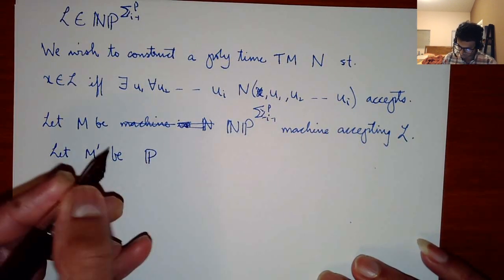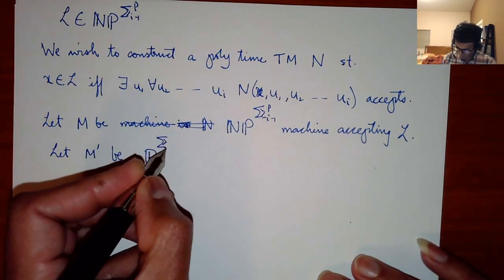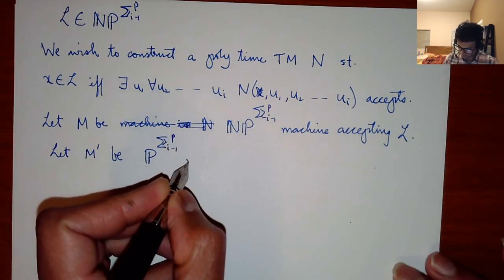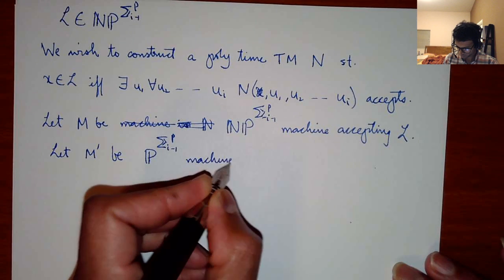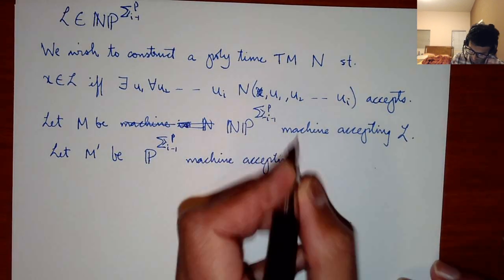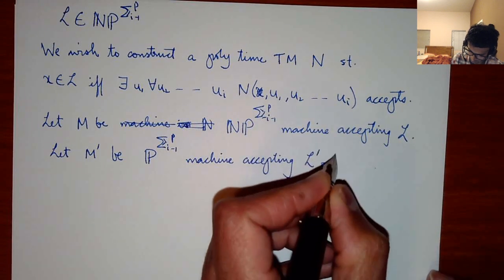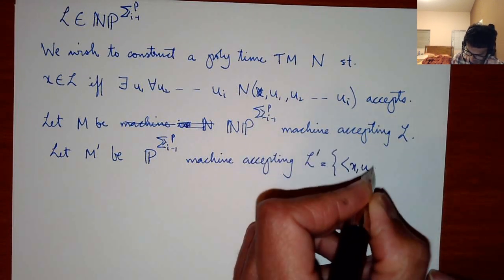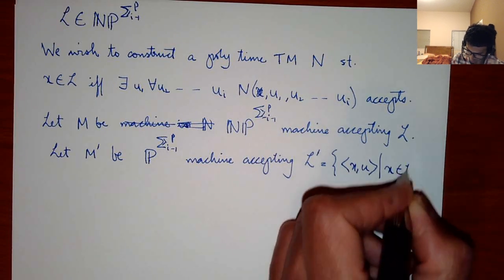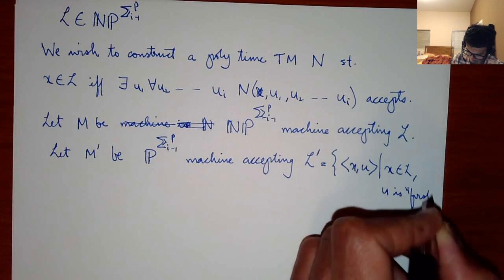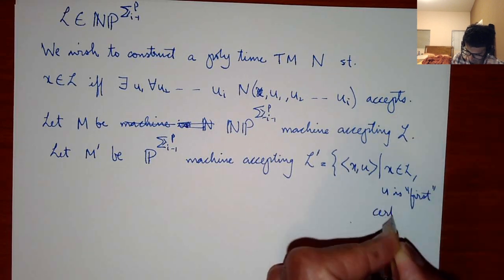So let's just say it's the sigma I minus 1 machine P accepting L prime equal to X is in L and U is like the first certificate.